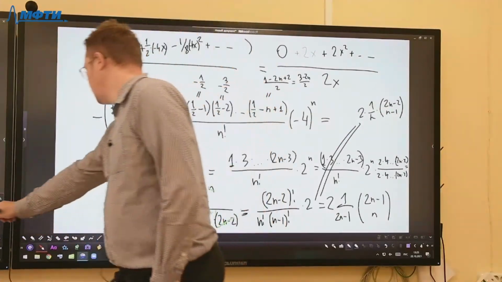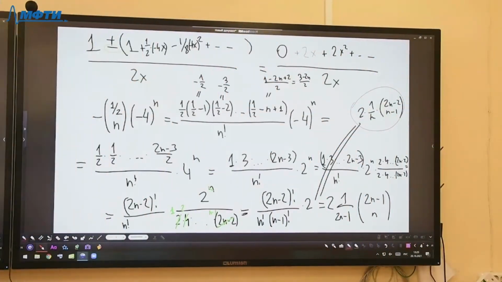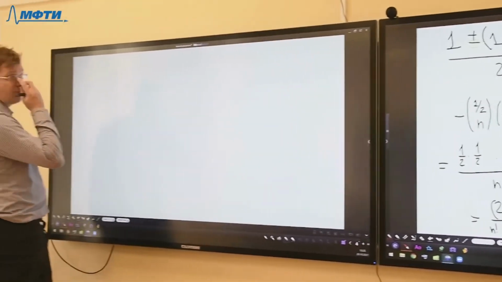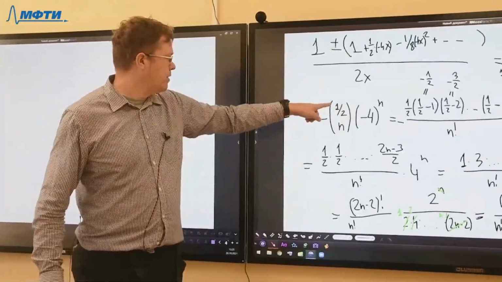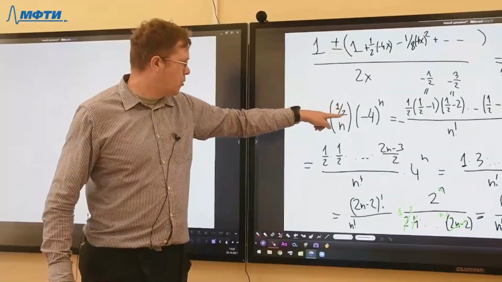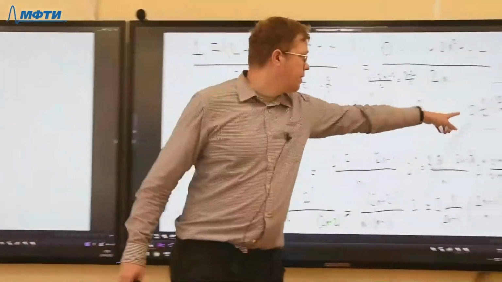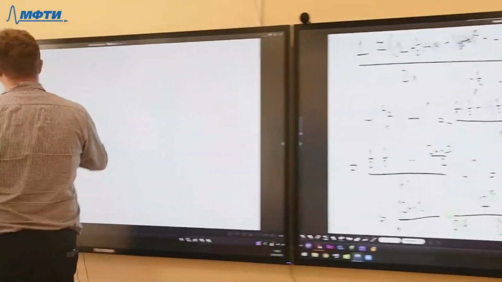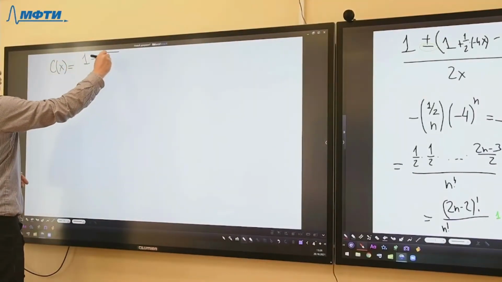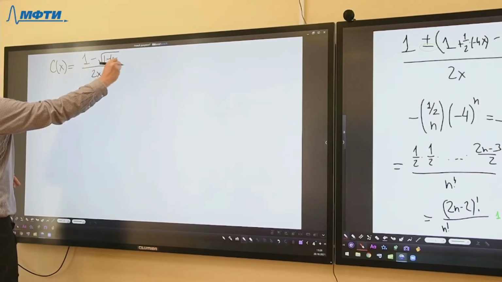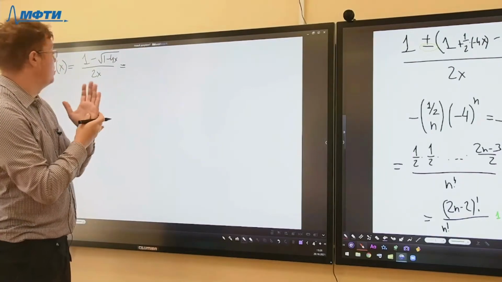Okay. So if I need to finish, I just calculated this coefficient. So minus generalized binomial coefficient of 1 over 2 over n times minus 4 to the power n is this. And so C of x is 1 minus square root of 1 minus 4x over 2x.